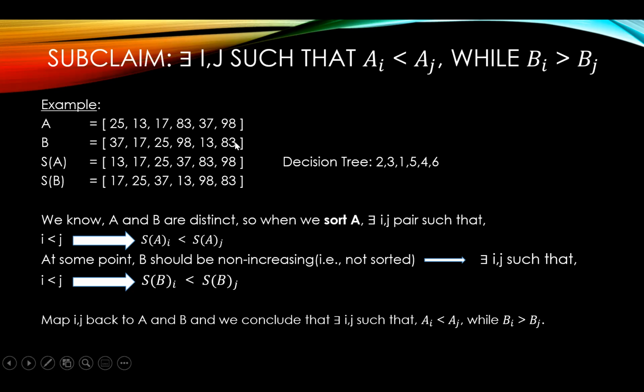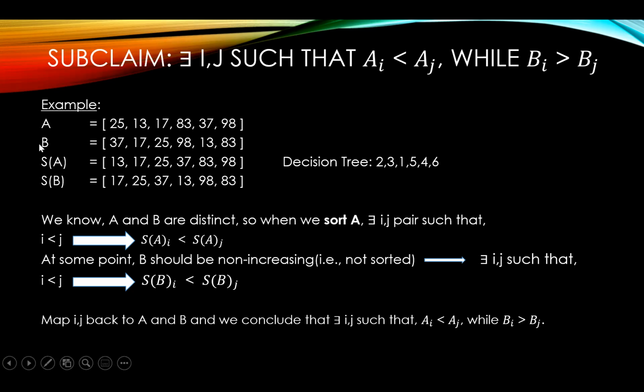Let S of A be the sorted array. So S of A is equal to 13, 17, 25, 37, 98, and the decision tree index will start from 1, 2, 3, 4, 5, 6. So the decision tree index is 2, 3, 1, 5, 4, 6.